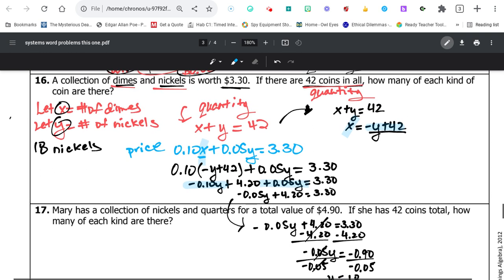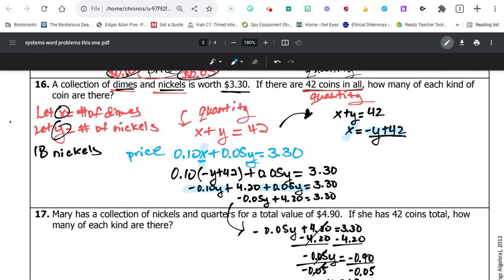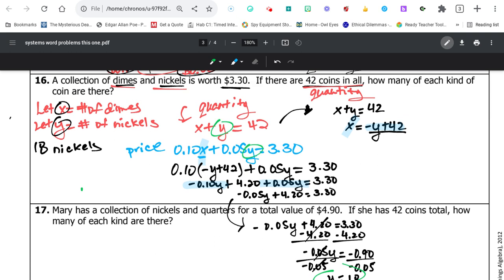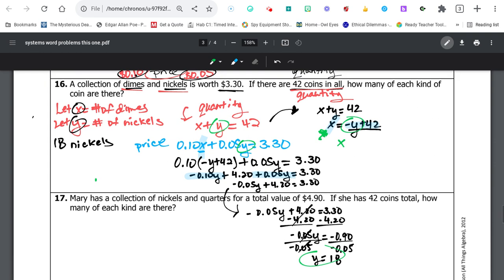And then to find X, just change the Y to 18. You can change this Y to 18, or that Y. I'm going to change this one to 18. So for that particular equation right here, X equals negative 18 plus 42.